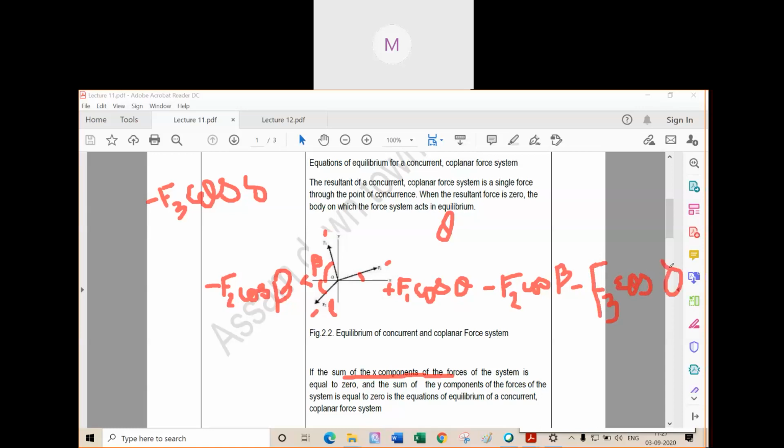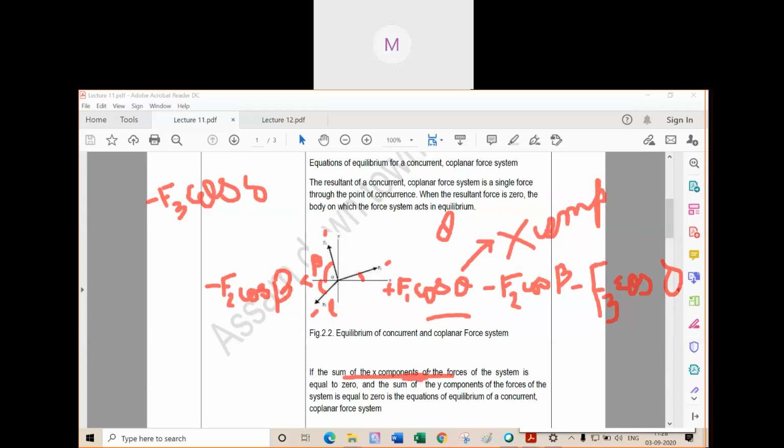These three you have to add for the x component.